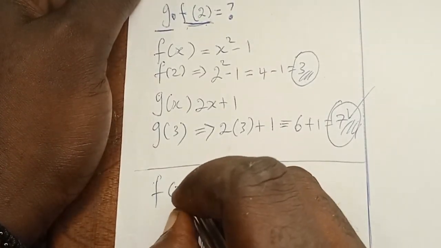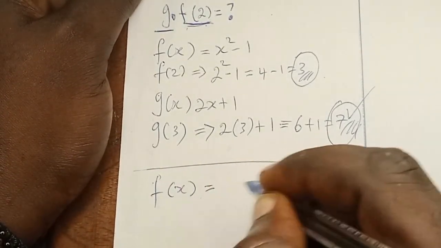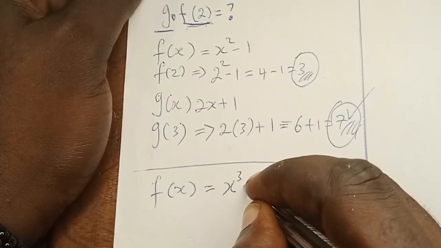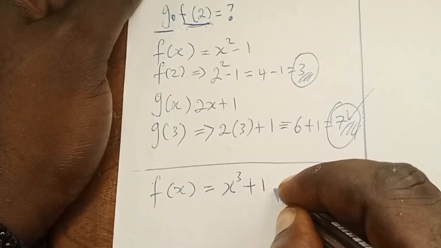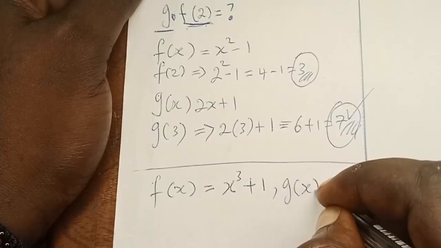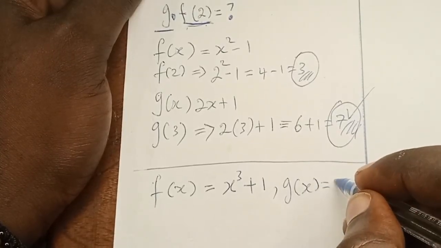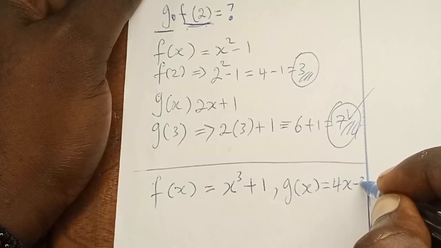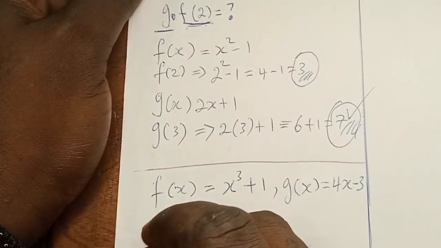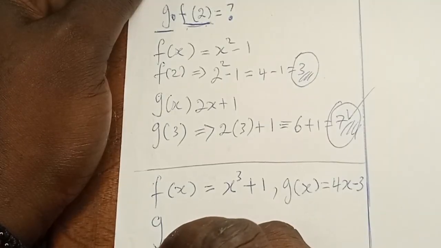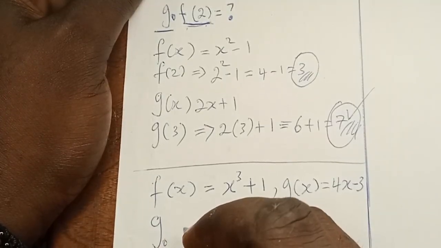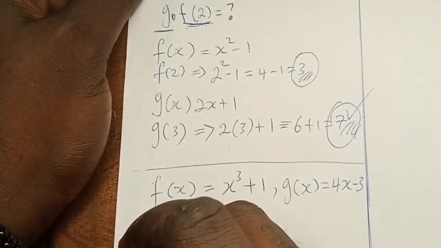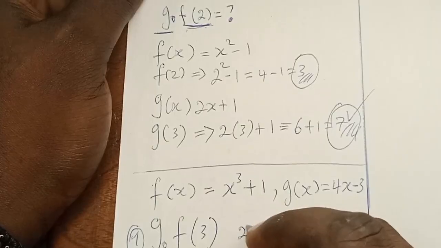Let's assume f of x will be equal to x cubed plus 1. g of x is equal to 4x minus 3. Look for g of f of 3.